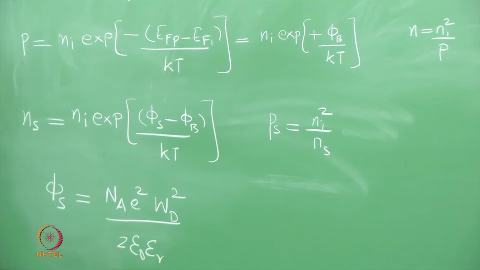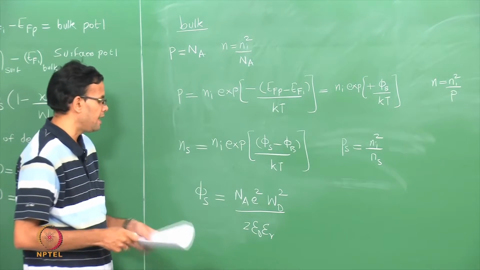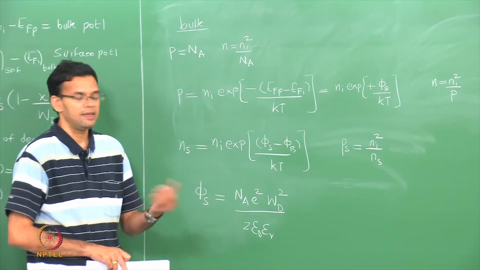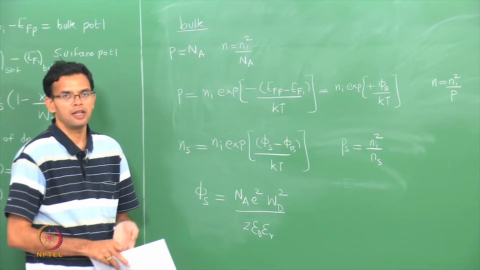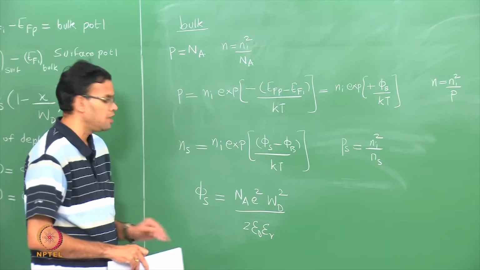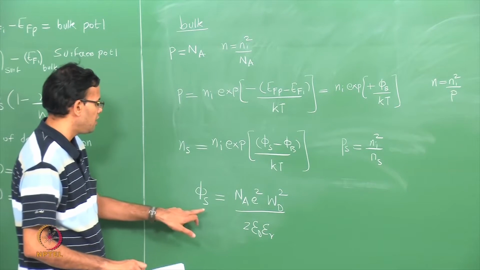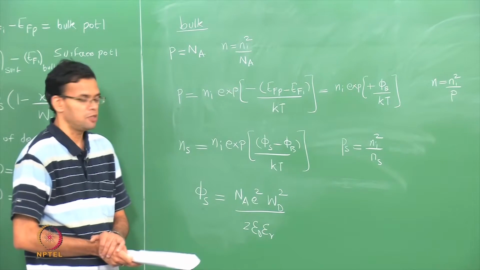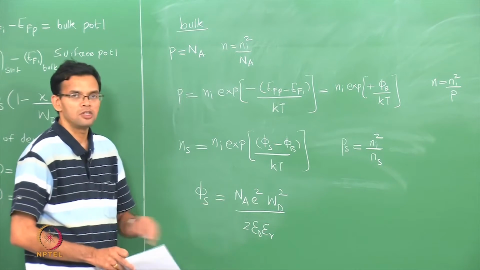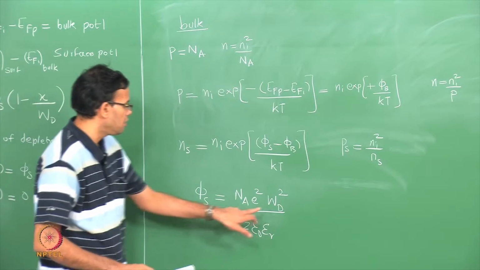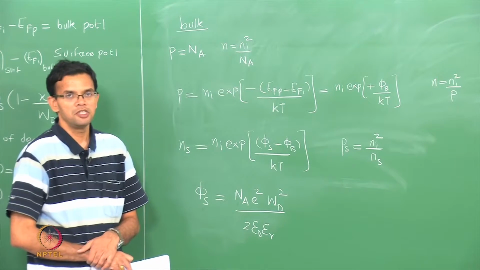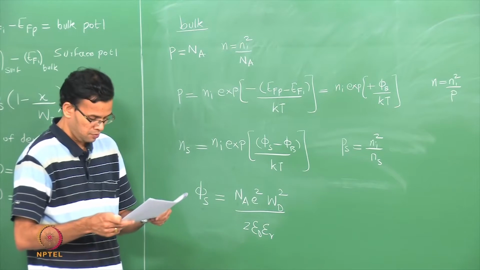So, this we can get by assuming a certain distribution of electric charge within the depletion region and thus calculating the electric field and linking that to the potential. We have done a calculation for this when we looked at the p-n junction, so the argument here is also similar. So, we can relate phi s, which is your surface potential, to Na, which is the concentration of acceptors within your p type semiconductor, and also Wd, which is the width of the depletion region.